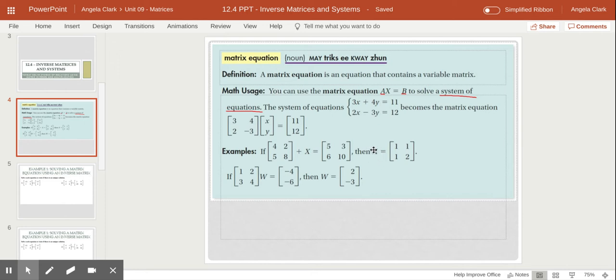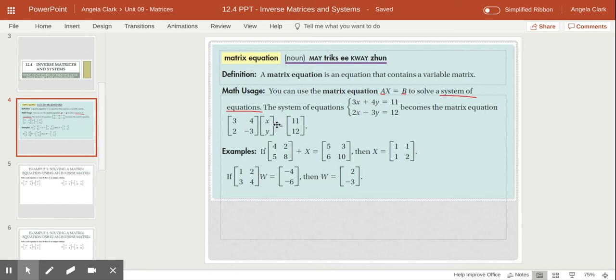This matrix might be 4 variables. It might be like an X, Y, Z, W, and then this would be X, Y, Z, W. It just depends on what this variable matrix is, okay? So that would be if I'm subtracting.